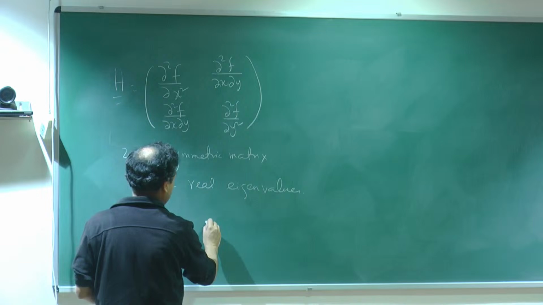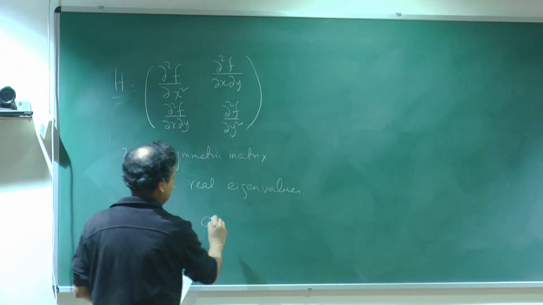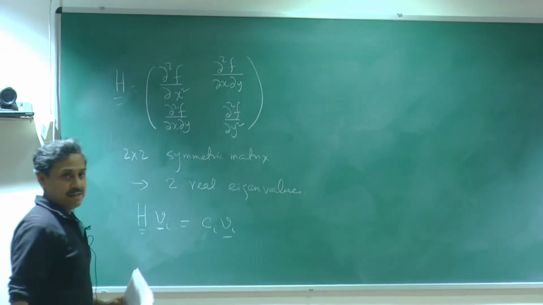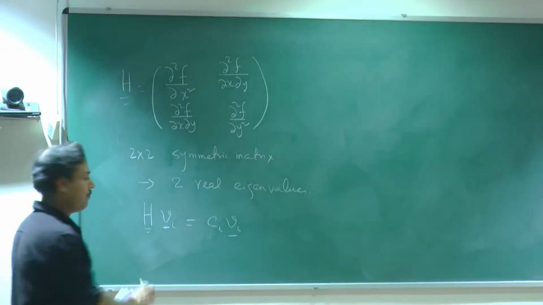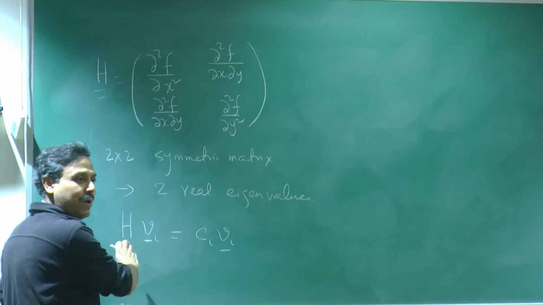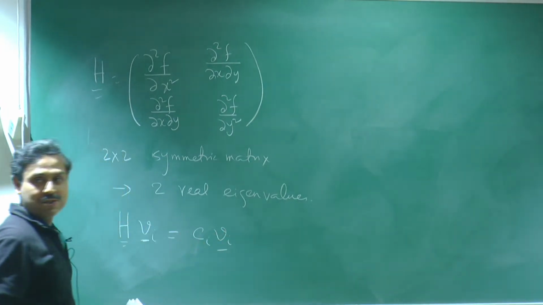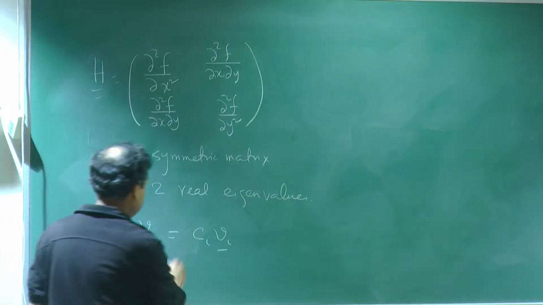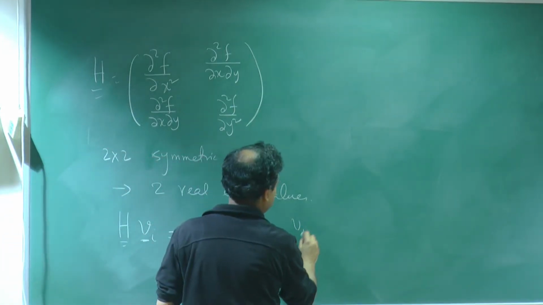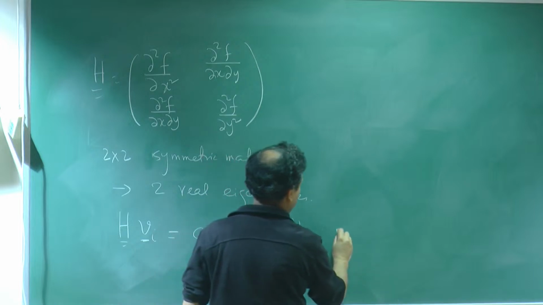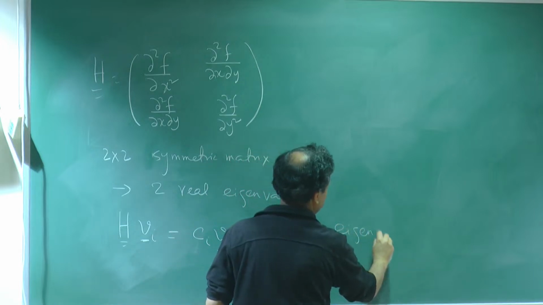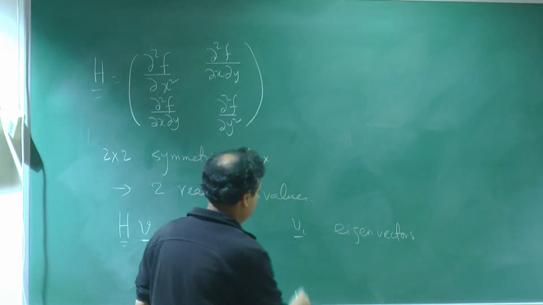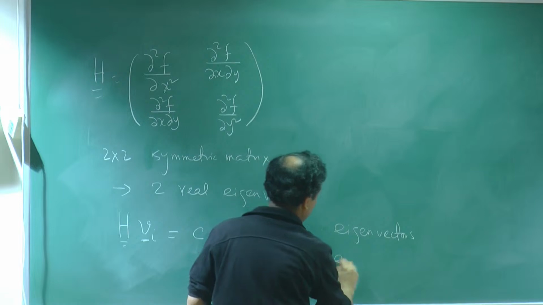Then this will give you eigenvalues Ci, and then I will have the eigenvectors back. This is a special kind of operation which, when acting on Vi, will give you Vi with some constant. These quantities Vi are called eigenvectors, and the quantities Ci are called eigenvalues.